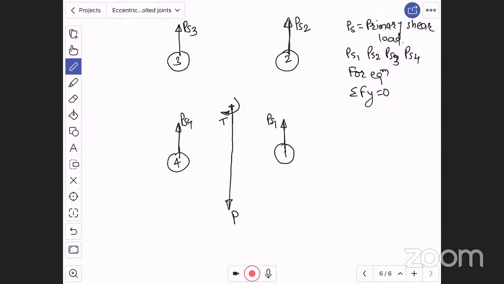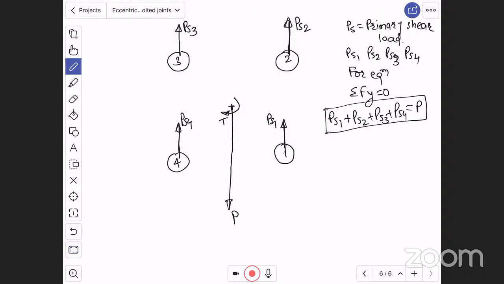Now apply this equilibrium equation. Downward is negative, upward is positive. Therefore we can say PS1 is upward, plus PS2 is upward, plus PS3 is upward, plus PS4 is upward, minus P, which is downward, is equal to 0, right? Therefore, put this P on right side. We can say here, summation of all the primary shear loads in the bolts is equal to the total primary shear load.